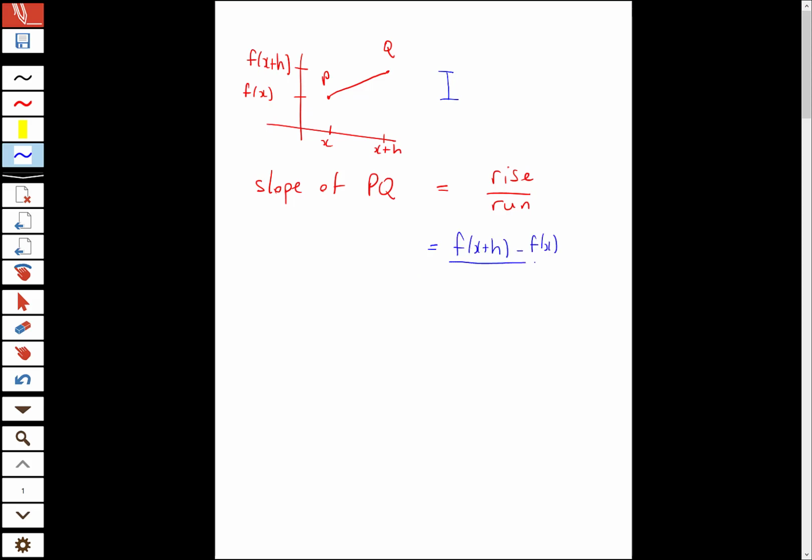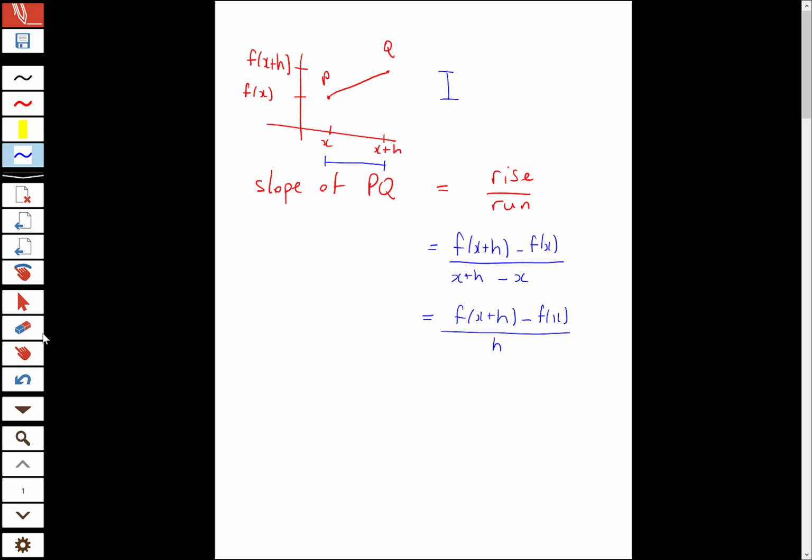Then let's think about the run. That's the change in our x coordinates here, so that would be x plus h minus x. We could actually simplify that. The numerator is not going to simplify, so we'll just call it f of x plus h minus f of x, but the x plus h minus x will definitely simplify.